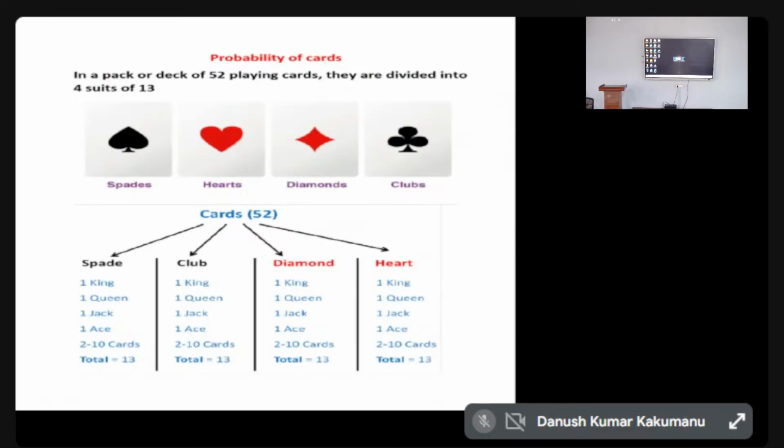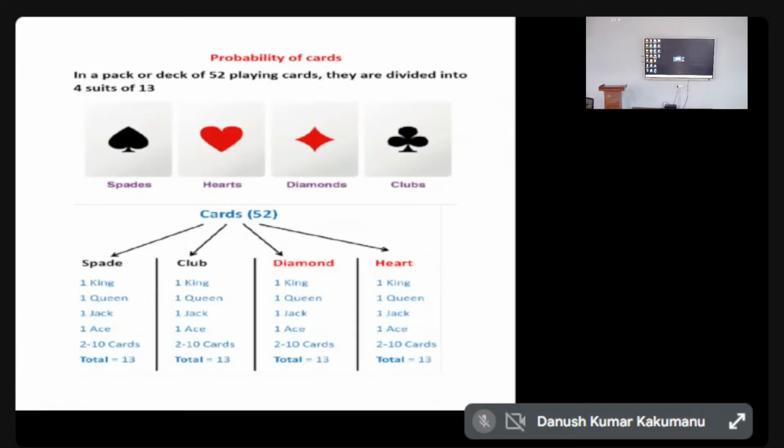King has a face, queen has a face, jack has a face. So K, Q, J are called face cards. Totally, how many face cards are there? Not 3, not 13, sorry, 12. Why 12? Each suit has 3 face cards, and 4 threes are 12. There are 12 face cards.